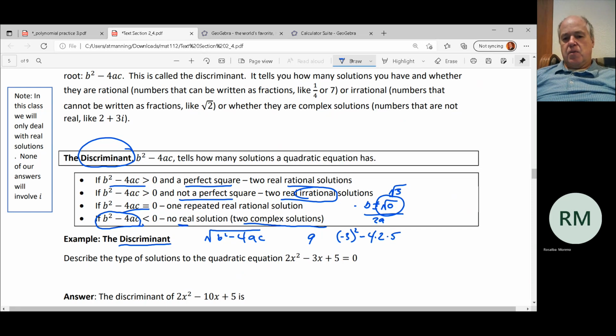So what do we have here? We have 9 minus 4 times 2 times 5. 9 minus 40, or negative 31. The discriminant is negative 31. No real solution, two complex solutions. No real solution.